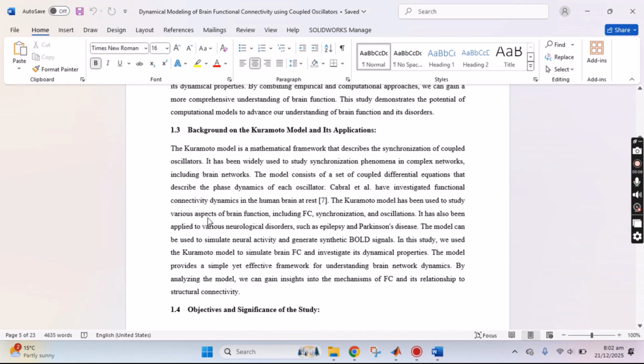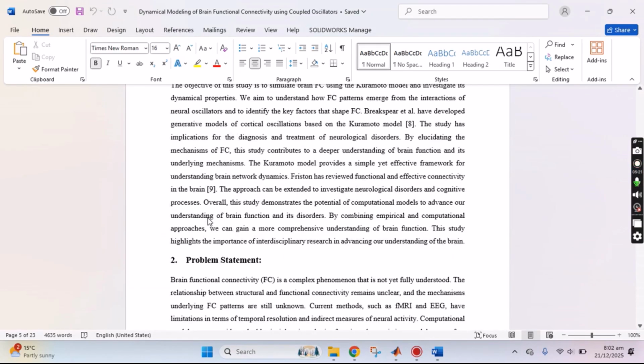The background is the Kuramoto model and its application to synchronization in complex networks, including brain networks. The objectives are to show how the model provides an effective understanding of brain network dynamics, how we can identify brain disorders from brain functionality, and how computational and empirical approaches can combine for a comprehensive understanding of brain function.